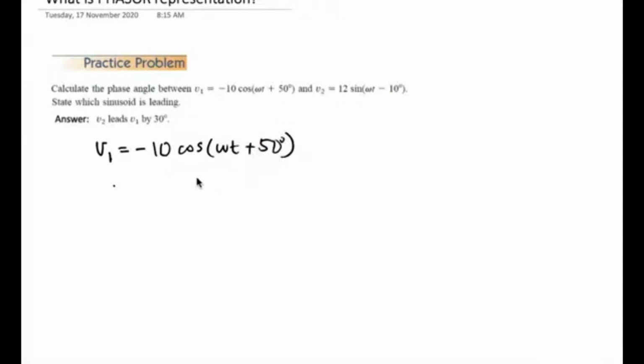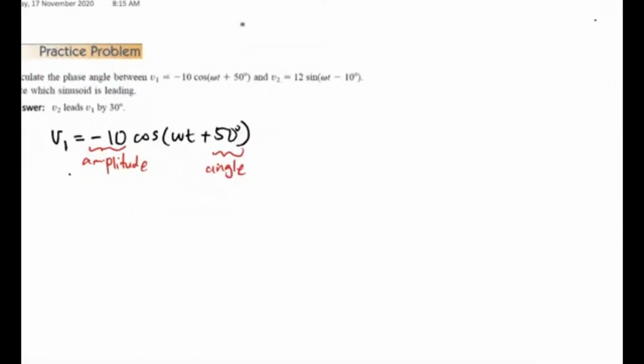If you want to do this representation, you need to know two things. First is what is the amplitude. This is the amplitude of that phasor, and also this is the angle of that phasor. Okay, this is the angle.